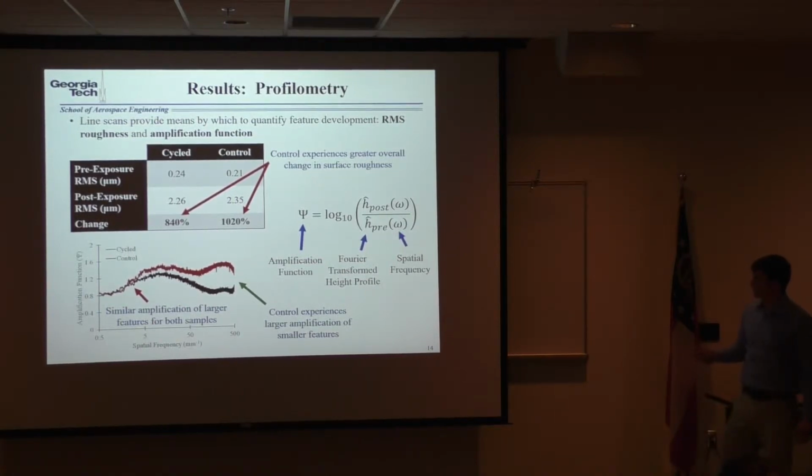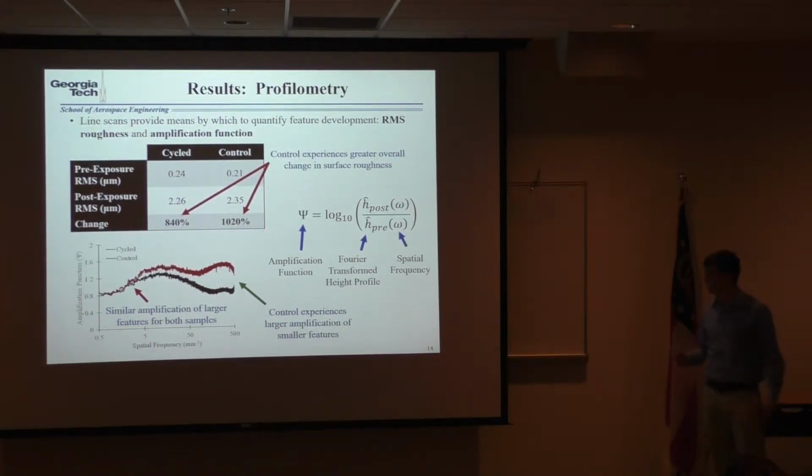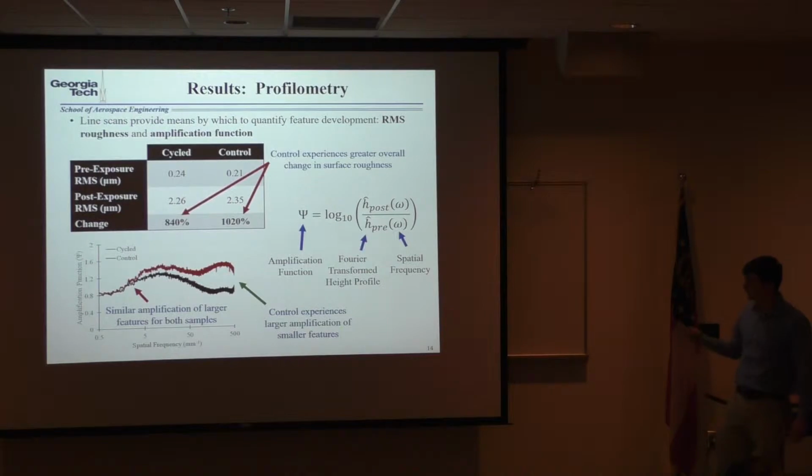This is very interesting because it lets us see how features are amplified as a function of spatial frequency. You can see that for the lower spatial frequencies, which correspond to much larger feature dimensions, there's similar amplification between the two samples. But over here on the other end of the graph, where we're running into the high spatial frequencies, so the very small surface features, we see that the control is experiencing much larger amplification.